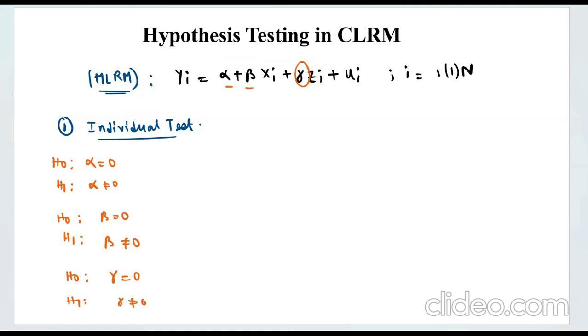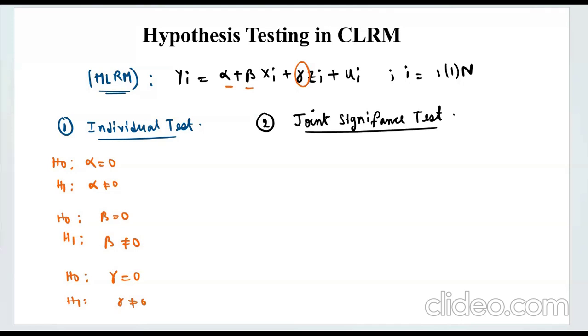But here you have one additional test which is known as the joint significance test. So here what do you do? Here you define it like this, H naught.